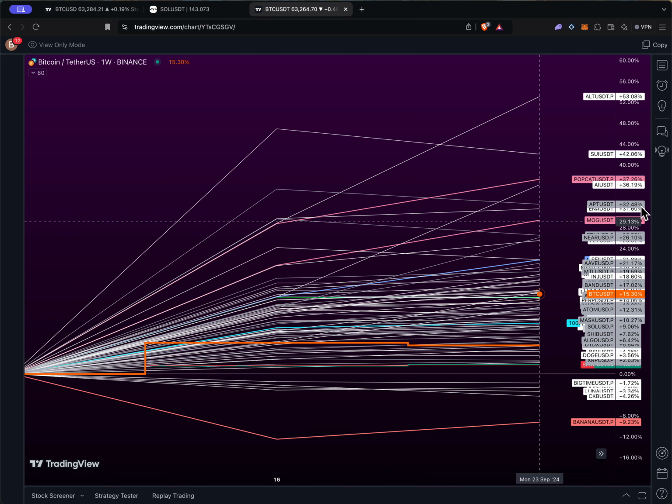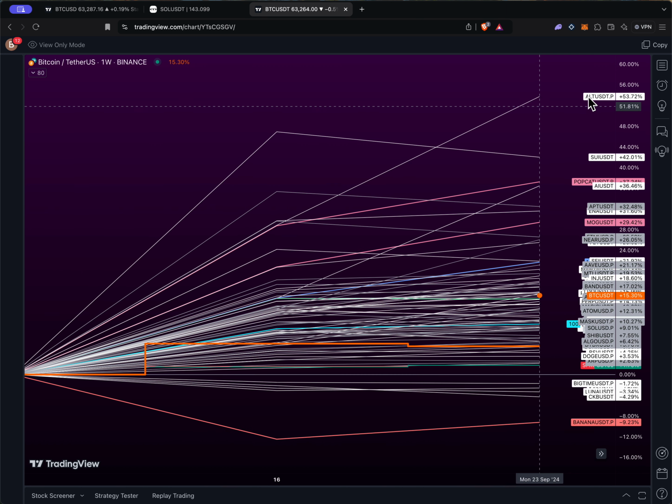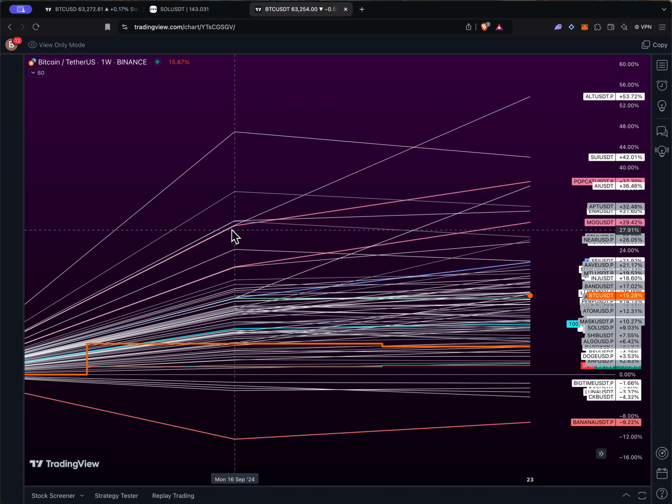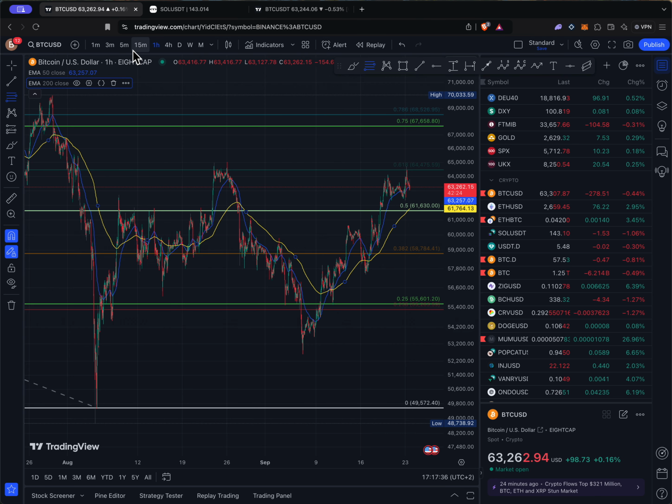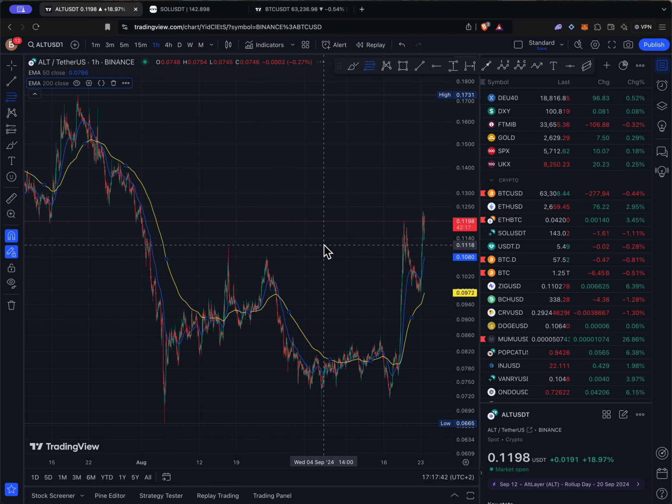These percentages are against BTC. So finding coins that are overperforming, like Alt, for example, now this is pointing me to, okay, let's go and look from this chart and see if we can find an entry.